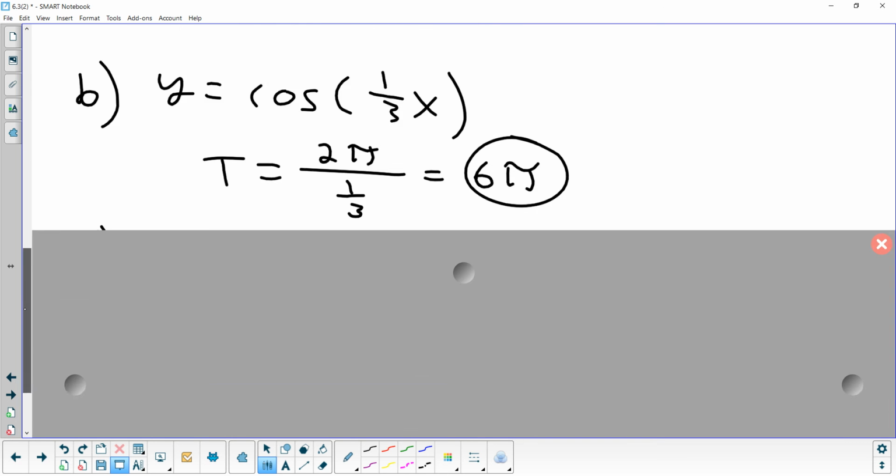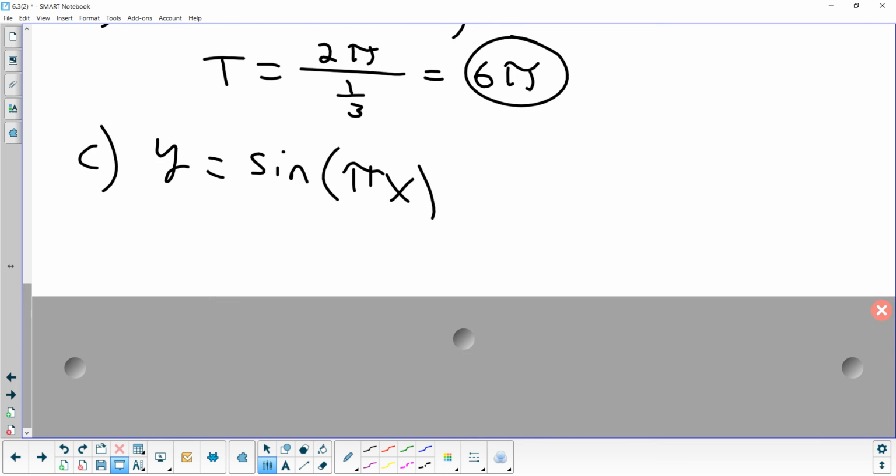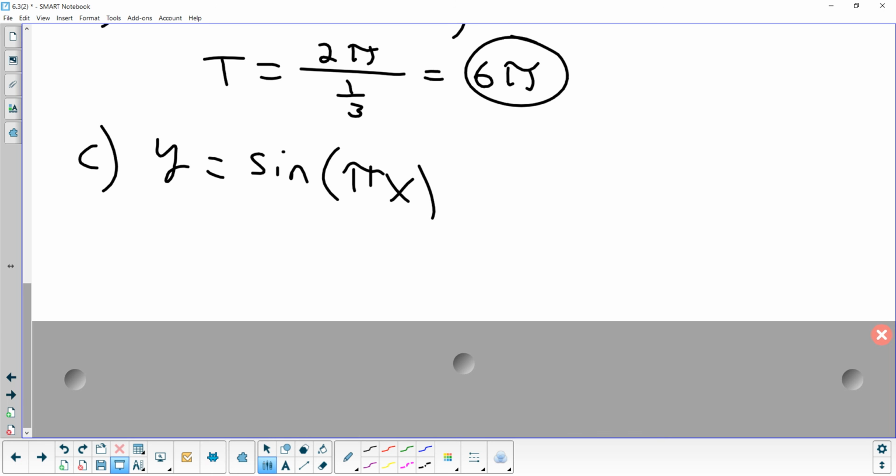How about this one. Ethan, what's my b value here? Pi. And what happens if I take 2 pi and divide by pi? What do I get? We don't get 1 pi or 2 pi.